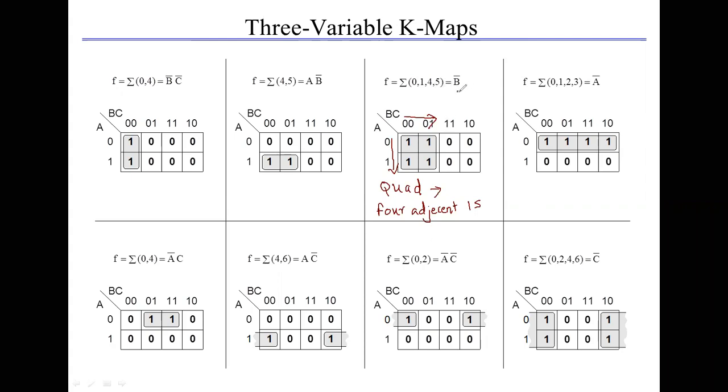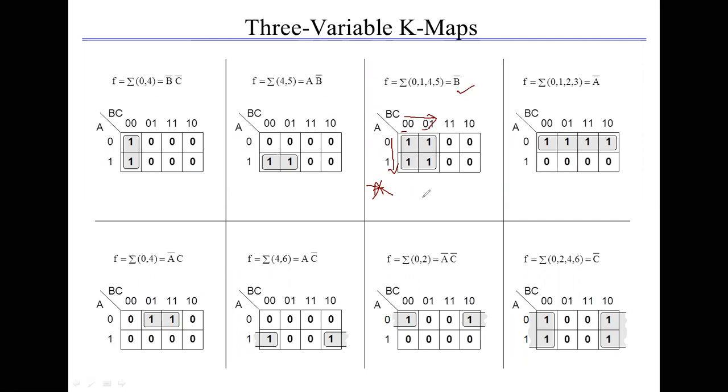So we'll see how this B bar has come as the output. Here we can see the x and y direction. A has changed from 0 to 1, so A will get eliminated from the final equation. B is 0 here and B is 0 here. We have to see only these two columns and these two rows.